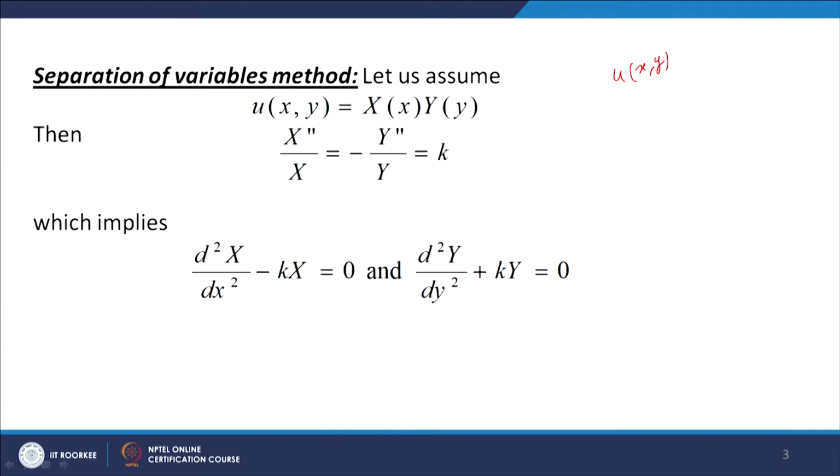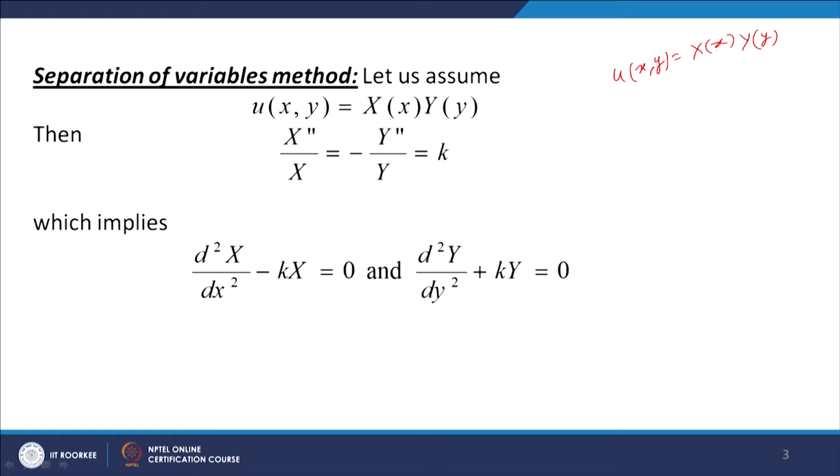u(x, y) is a function of x and y. So, we assume that u(x, y) can be expressed as a function of x times a function of y. This is called the separation of variables method.